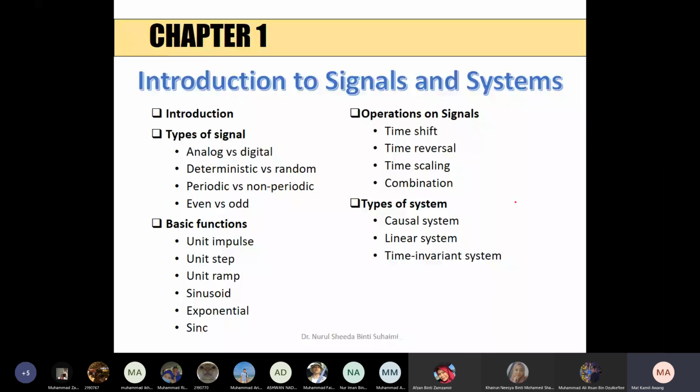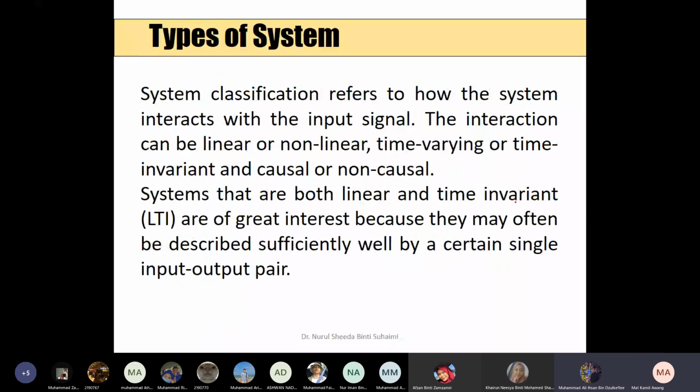Next, this is the last part of this chapter, types of systems. This is what I mentioned about LTIC. The systems are causal systems, linear systems, and time invariant systems. These are the systems that we are going to deal with in this course. System classification refers to how the system interacts with the input signals.